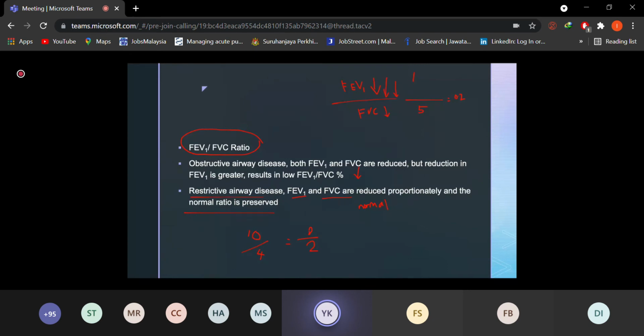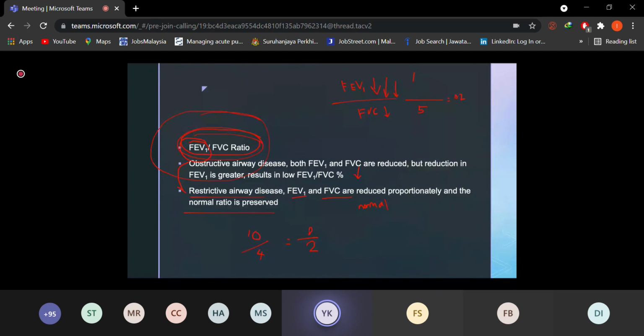So always remember, to differentiate obstructive and restrictive, you need to use this ratio. If only FEV1 is given, then it can only tell you it is obstructive and also maybe restrictive. Remember, this ratio is very, very important. In your clinical setting, this ratio is so much important.